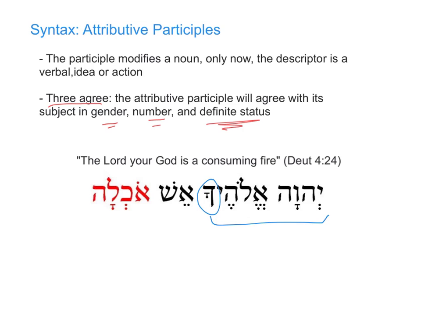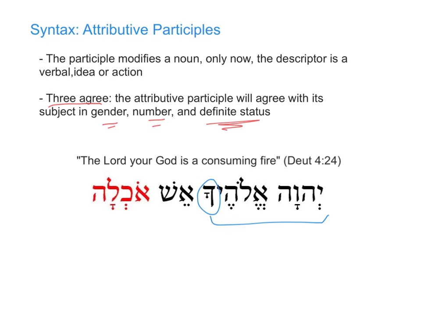Now, if we wanted to figure out what those are doing together, we'd have to look at a few things. Well, what is their gender? We would hopefully be able to identify, because of the ending here, that this is a feminine singular participle. The gender of Esh is a noun that can go either way. It has a common gender, but here we would probably find out that it's feminine.